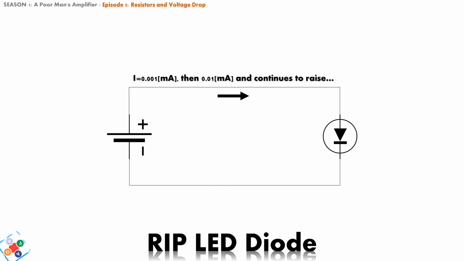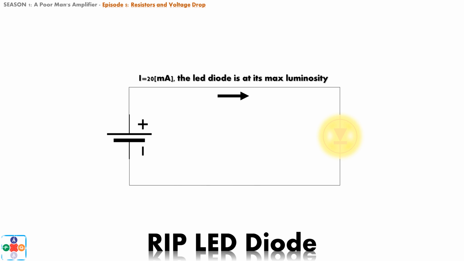This rise of current in the circuit continues, and that supplied current is being absorbed by our LED diode, which starts slowly to glow with more and more luminosity, until the current supplied from our battery reaches 20 milliamperes. At this point in time, our LED diode reaches the maximum of current it can absorb, and it glows with maximum luminosity. But our battery keeps producing and pumping more and more current into the circuit.